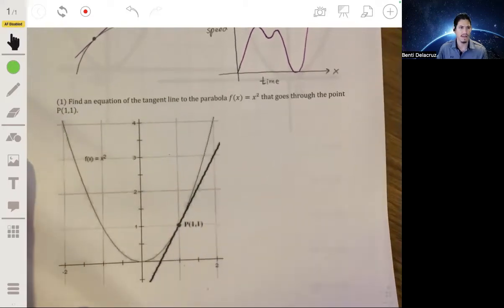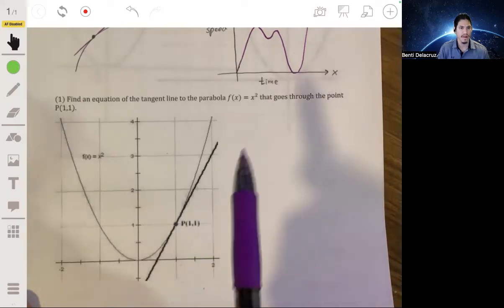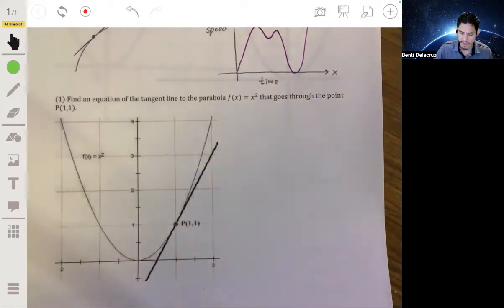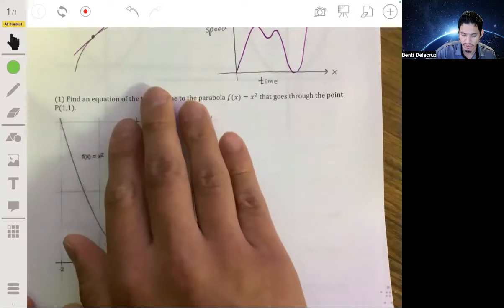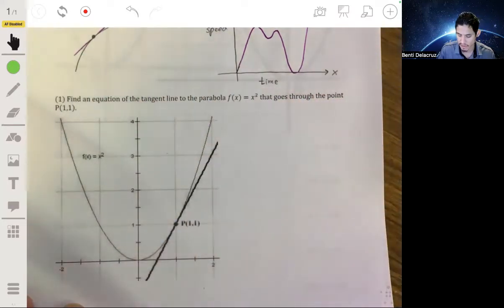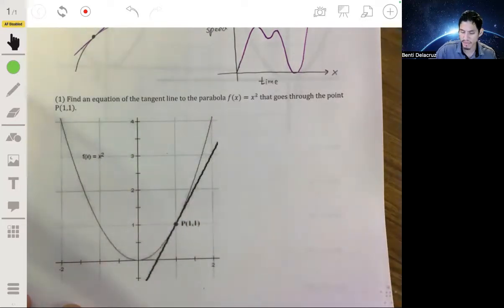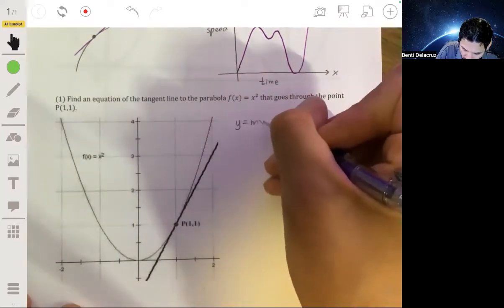Here let's say we have this tangent line to the parabola at the point (1, 1), and we want to find its equation. Keep in mind that typically you're just going to be told this as your problem, and you're not going to be shown a picture. Since we know it's a linear equation, it's going to have the form y = mx + b.